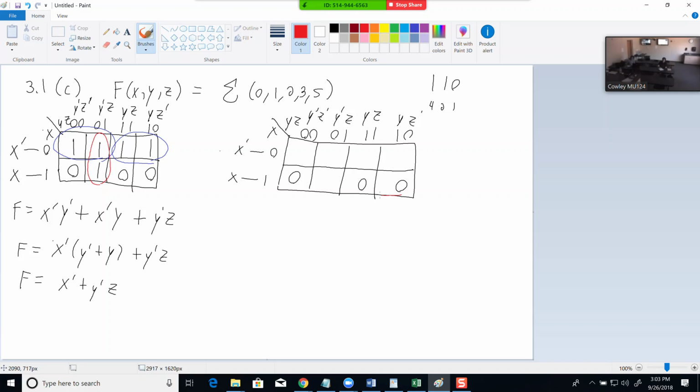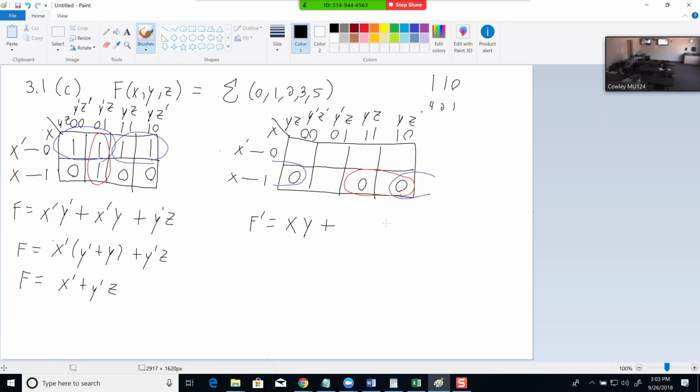We would have to pair these two together, wouldn't we? And since this one's an odd number, I had to share this one and pair it with this one over here. So if I look at the red first, the x is 1 on both of those. So it's the same, isn't it? That'd be x. If I look straight up in my red, xy, exactly.